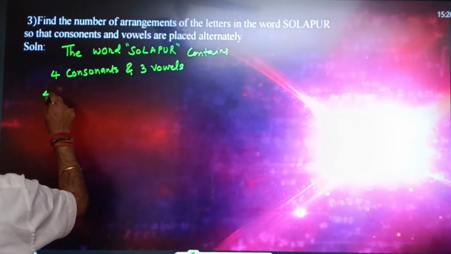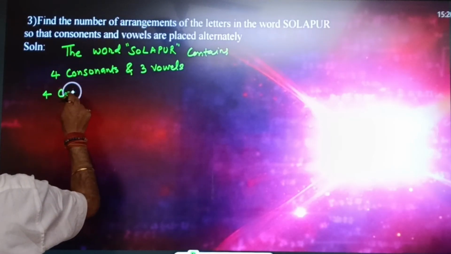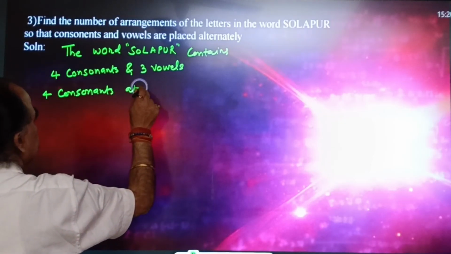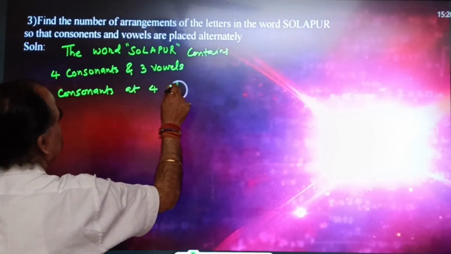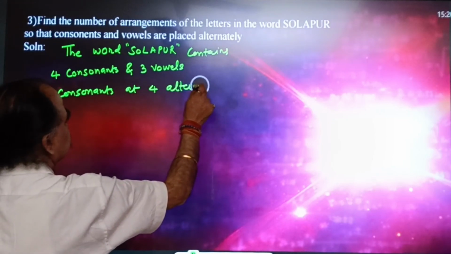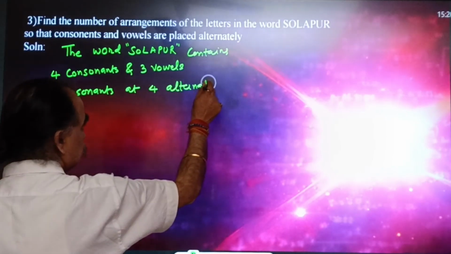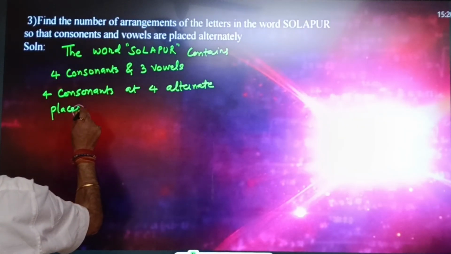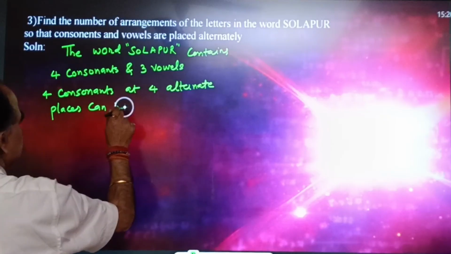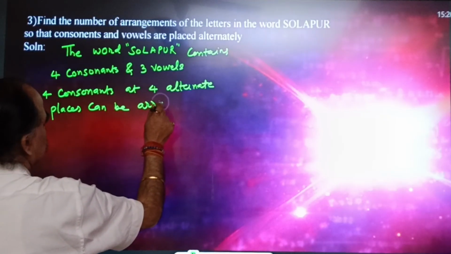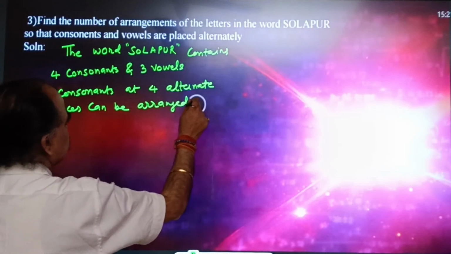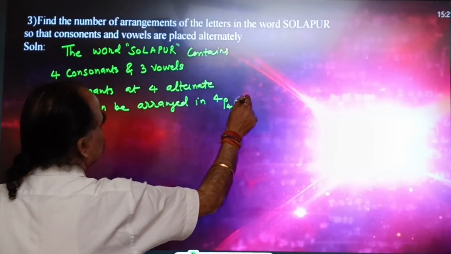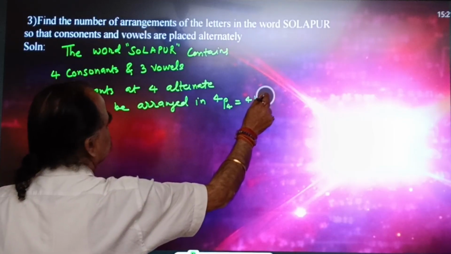Four consonants at four alternate places can be arranged in 4P4, 4 factorial ways.